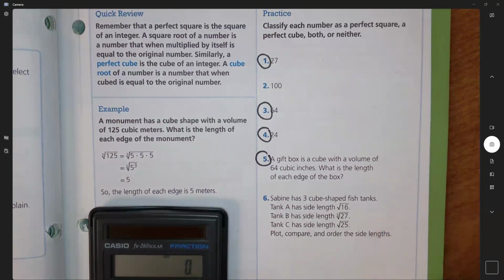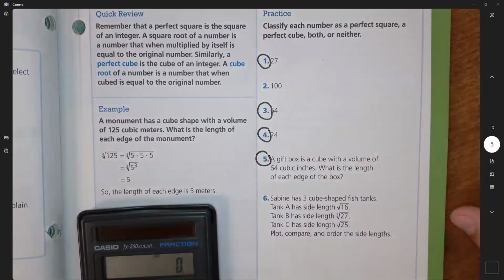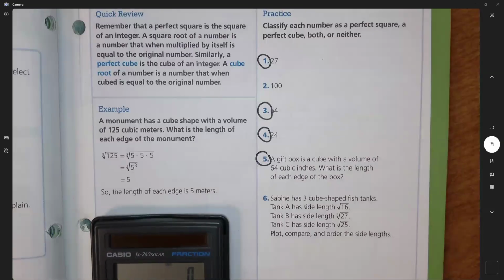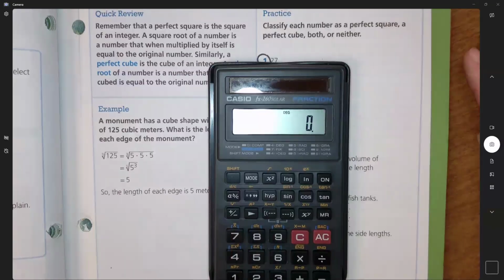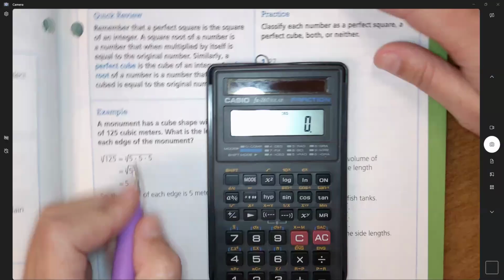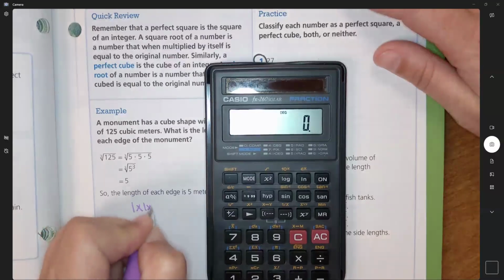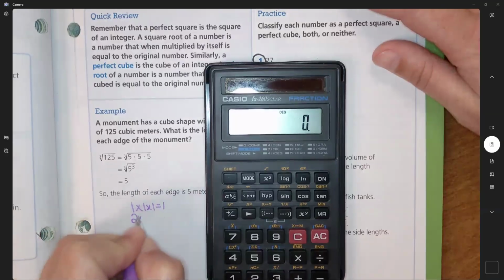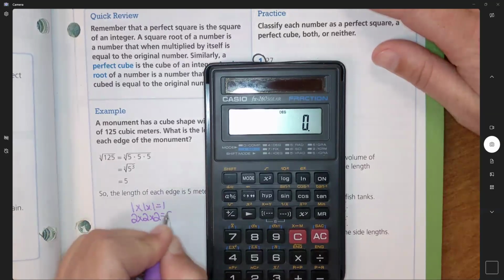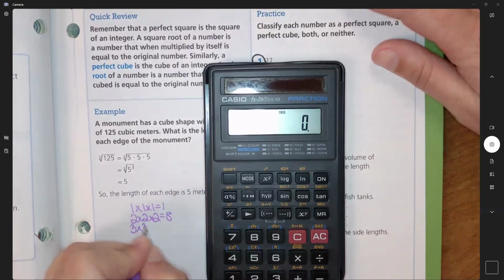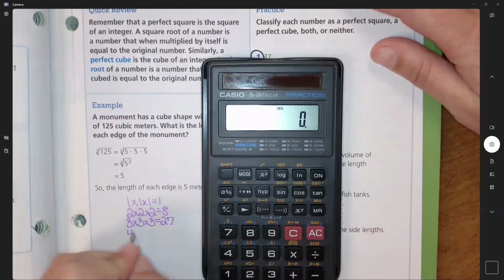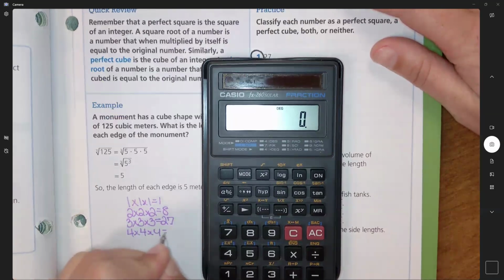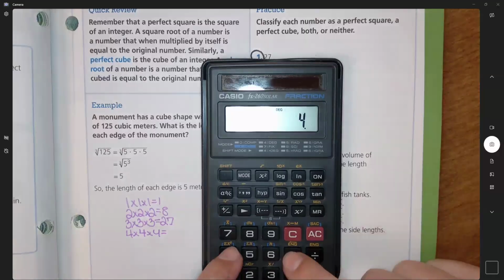Really the highest number that I see here is 100. So you can do your perfect squares on the side of your assessment. If you create it, you can use it for the whole assessment. So let's pretend like this is our assessment. 1 times 1 times 1, we know is 1. 2 times 2 times 2 is going to give us 8. 3 times 3 times 3 is 27. 4 times 4 times 4, I think is 64, but let's double check it.